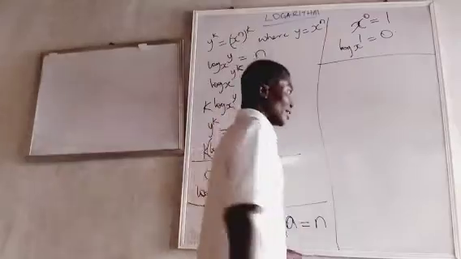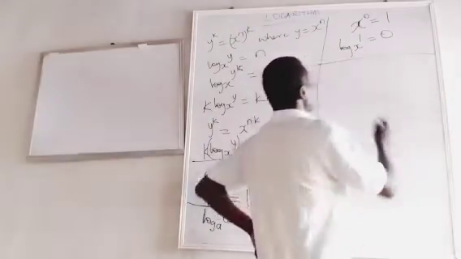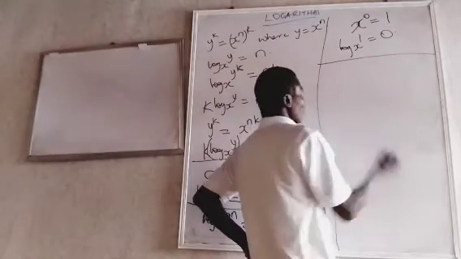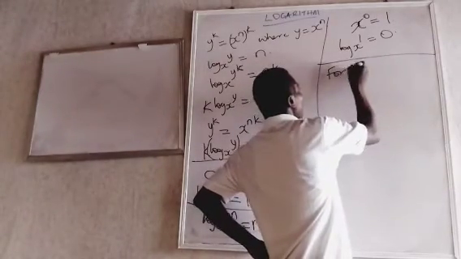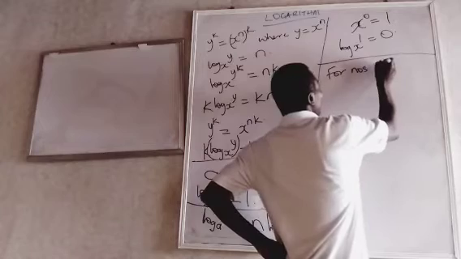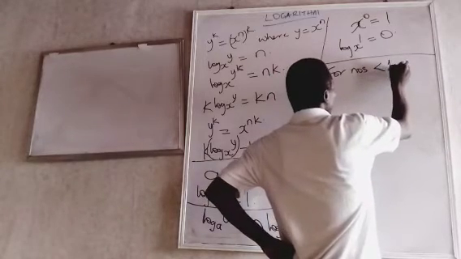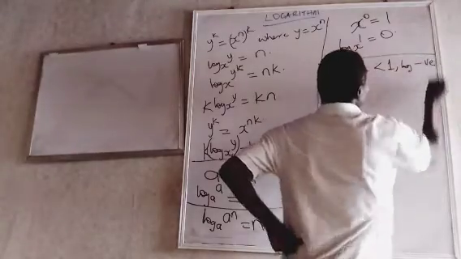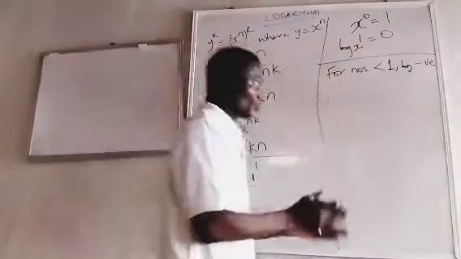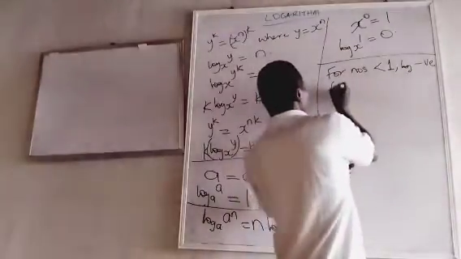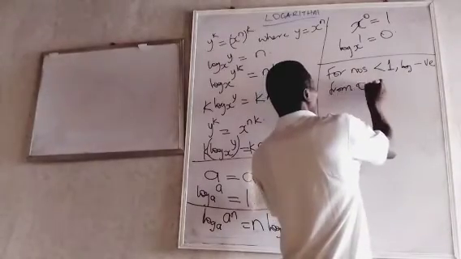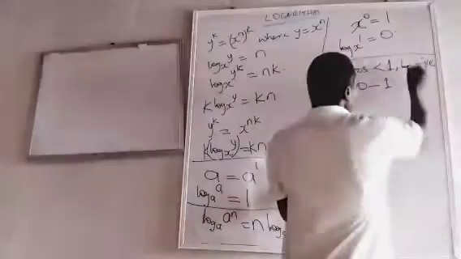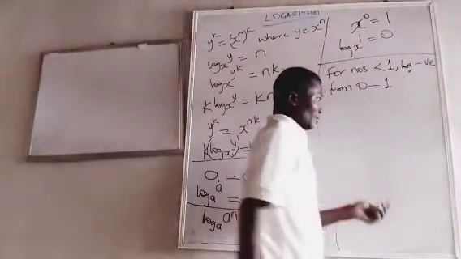I also like to repeat this. For numbers less than 1, that is from 0 to 1, the logarithm is always negative.